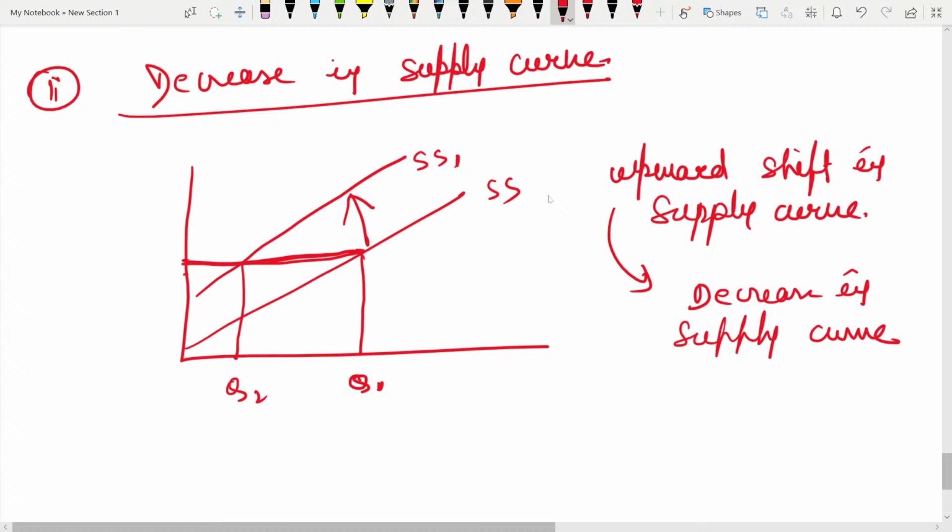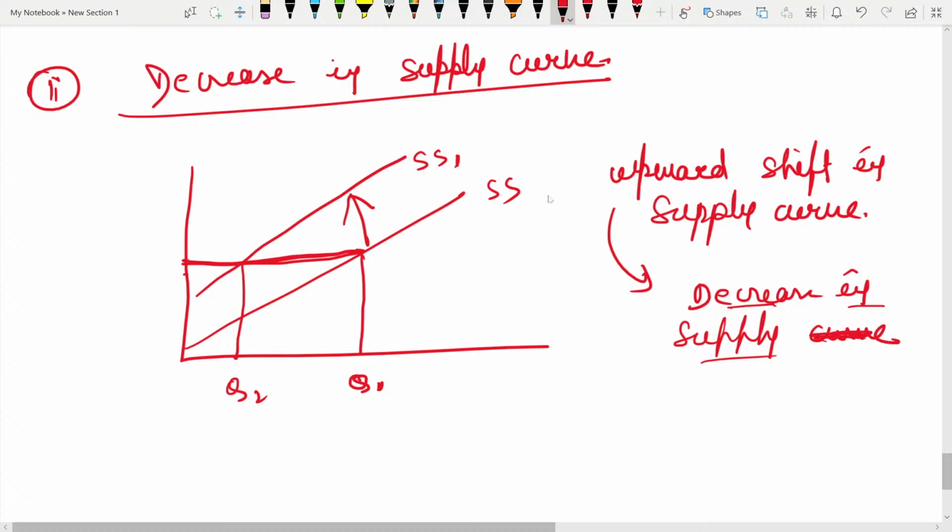Because of these unfavorable changes, the supply curve goes upward. This is also known as decrease in supply.